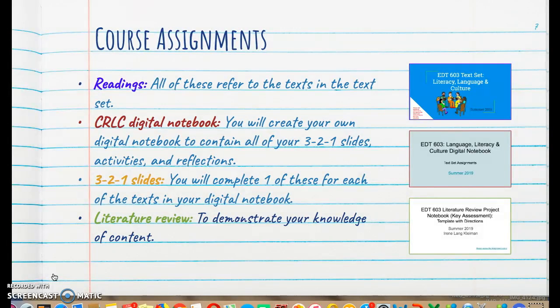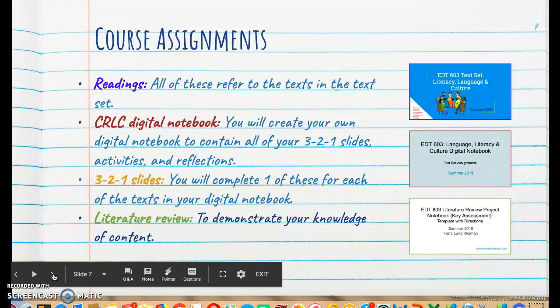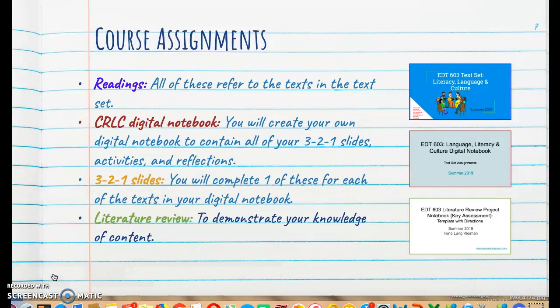The course assignments for this class fall under readings, a digital notebook, slides, and a literature review. The readings for this course are all contained in the text set. In addition, you will have 3 anchor texts that you can find on the course homepage.